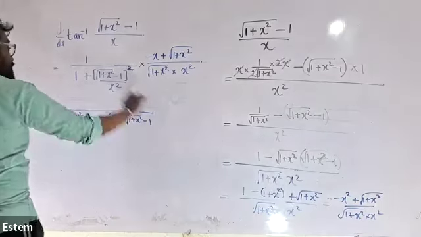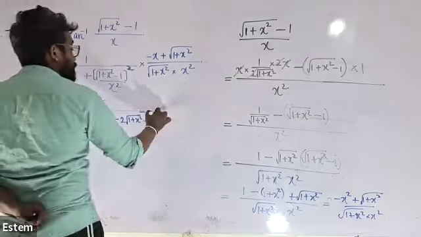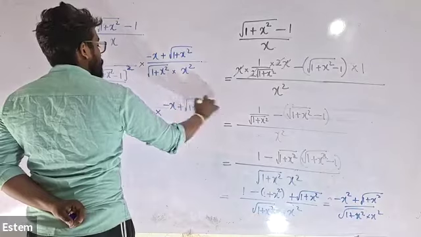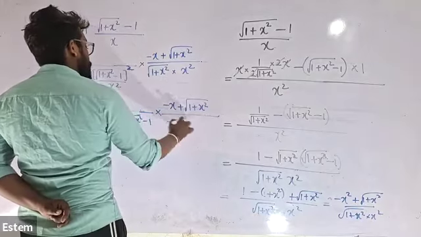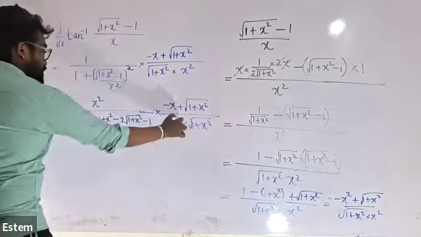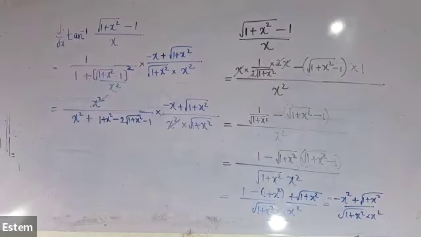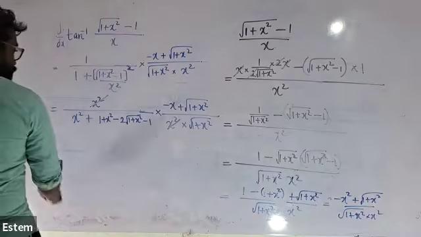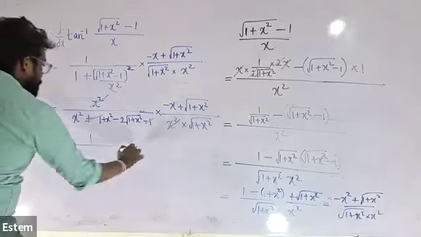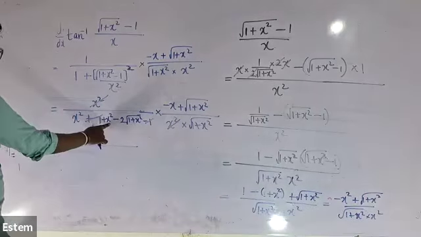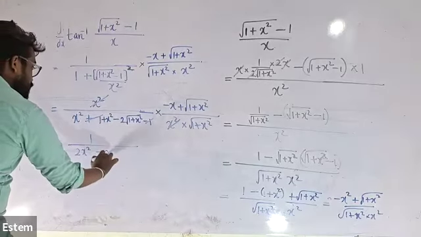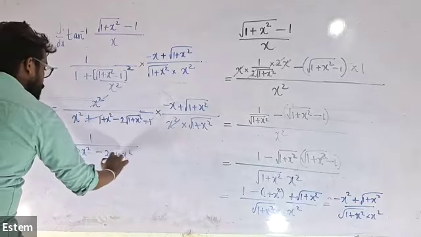And here there is x squared, it comes to this upper layer. And here it is minus x plus the square root of 1 plus x squared, and here this is x squared into the square root of 1 plus x squared. Now what's happened? x squared and x squared will be cancelled. Here minus 1 and positive 1 is cancelled. So here it is 1. So x squared plus x squared is 2x squared, and minus 2 times the square root of 1 plus x squared.